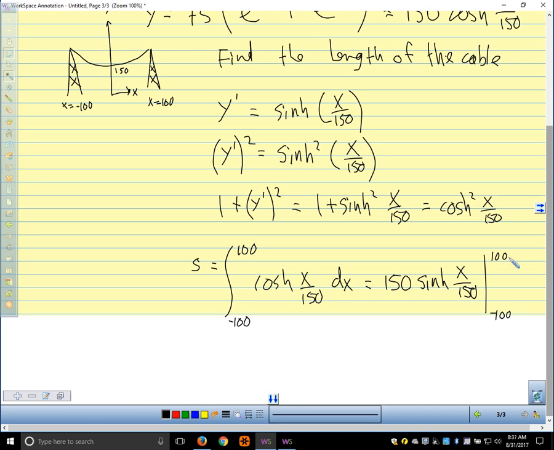And now we go back to evaluate this. If your calculator doesn't have hyperbolic functions, you can go back to your definition of the hyperbolic sine. And when you do that, you get that this is approximately 215 feet.